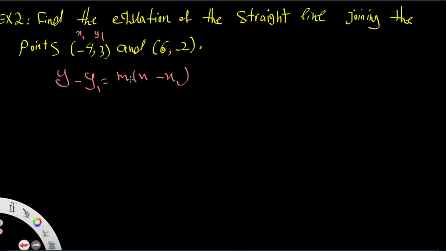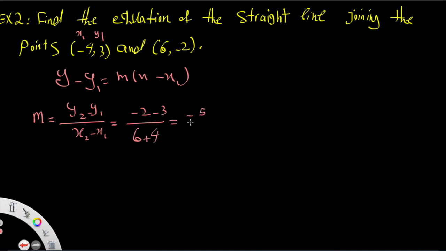To find the gradient, because in order to find gradient we need to have 2 points. m is equal to (y2 minus y1) over (x2 minus x1). So negative 2 minus 3 over 6 minus negative 4, which will be plus 4. It would be minus 5 over 10, which simplifies to negative half.